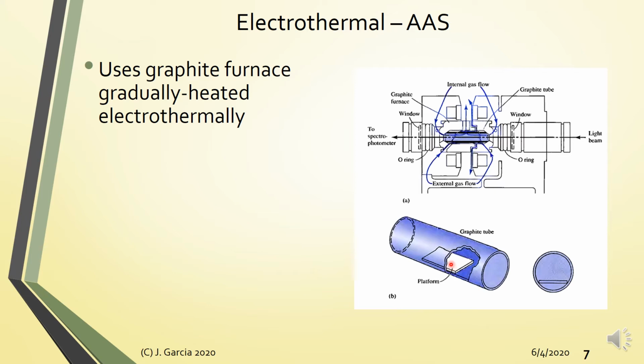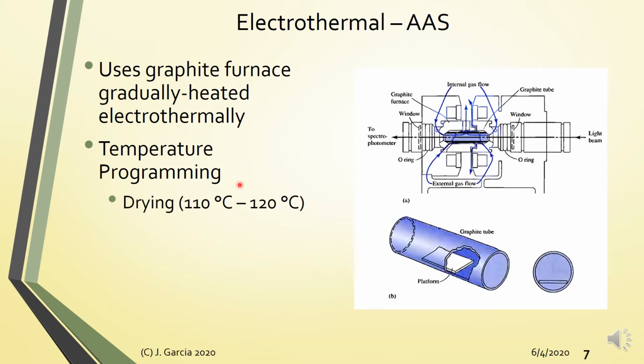Now, the electrothermal atomizer is actually done in a series of steps. You need to program the temperature of the graphite furnace, and you need to do it in a series of steps. So you need to do temperature programming. First you do a drying step. Why drying?